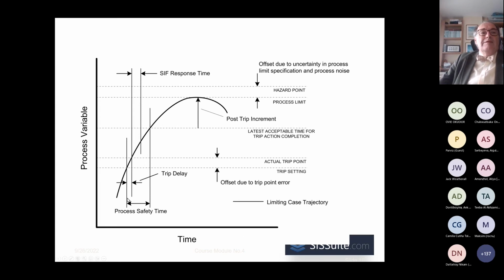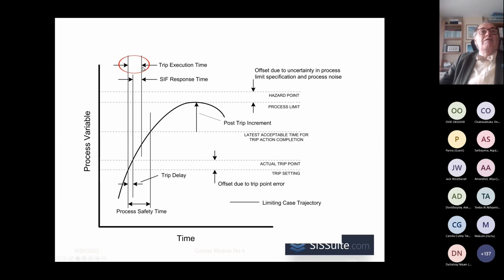So here you can see the full diagram with all these considerations superimposed, the trip delay against the process safety time. Here is the SIF response time, so the time after the trip is actually invoked, which may be a little later than the actual trip setting.